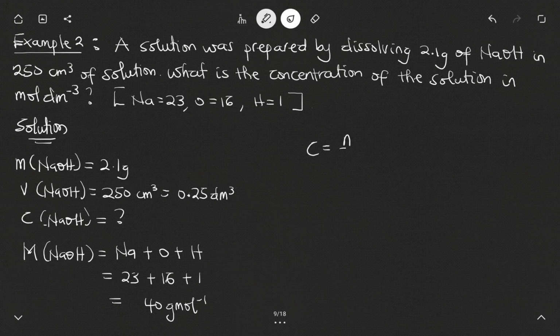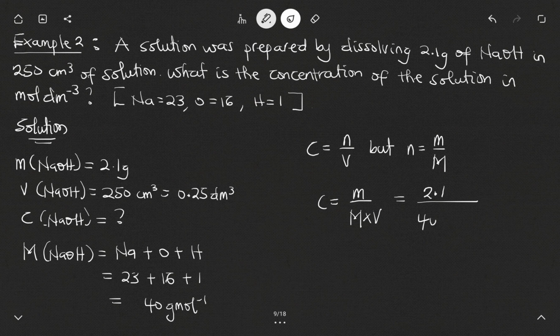I know that concentration is equal to mole over volume, but my mole is also equal to mass over molar mass, as we saw in the previous example. So my concentration now becomes mass over molar mass multiplied by volume, and this is equal to, my mass given to me is 2.1 on my molar mass is 40 multiplied by my volume, which is 0.25.